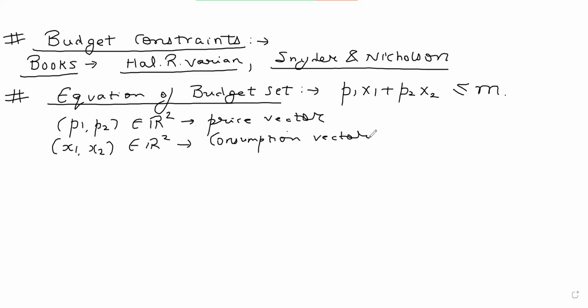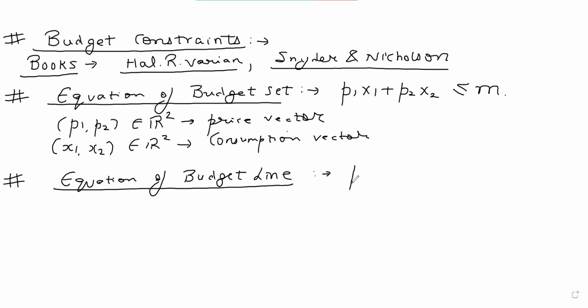This was the equation of the budget set, and the equation of the budget line was, remember from my previous lecture, budget line consists of all those bundles which cost the consumer exactly his or her income. So that's P1x1 plus P2x2 exactly equal to M.